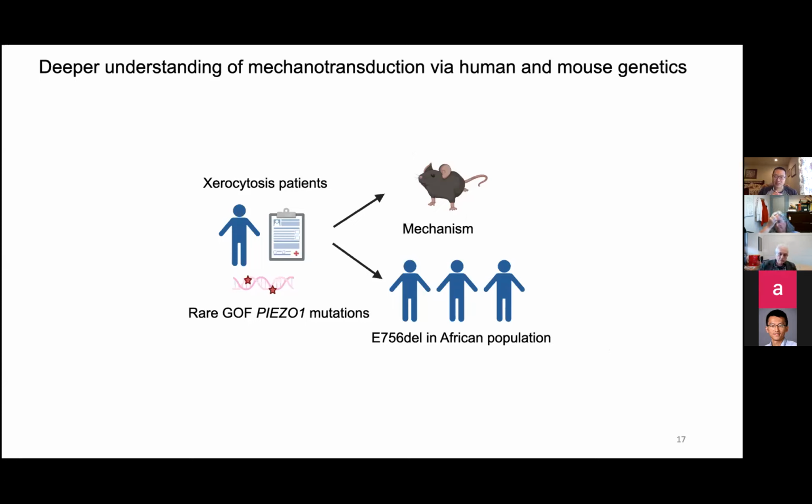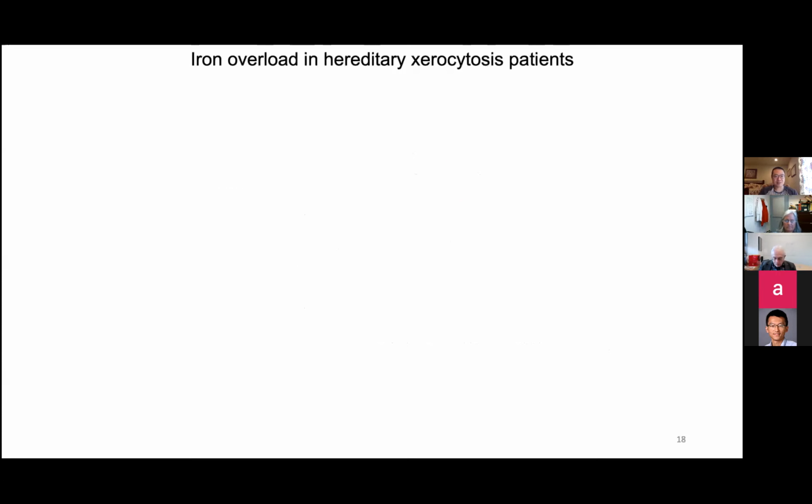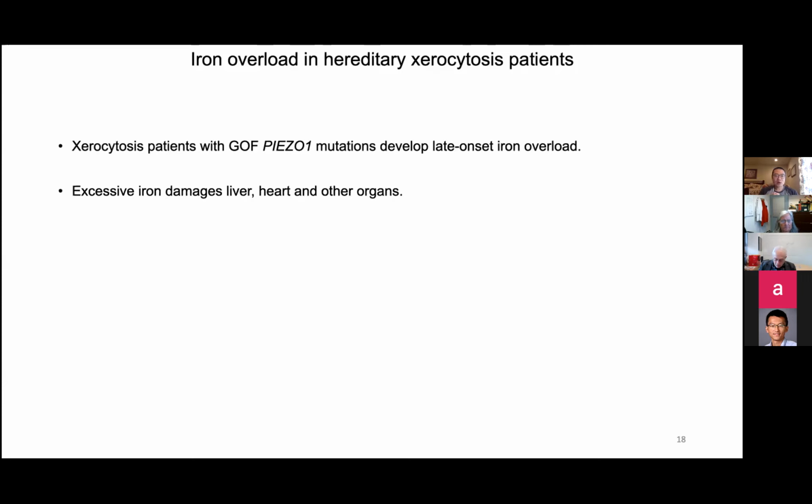Now I'm going to highlight a story from this perspective. That brings us to the study of iron overload, because in addition to the red blood cell dehydration defects, the xerocytosis patients with gain of function PIEZO1 mutation also develop late onset iron overload, which is characterized by excessive iron in the body that damages multiple organs.